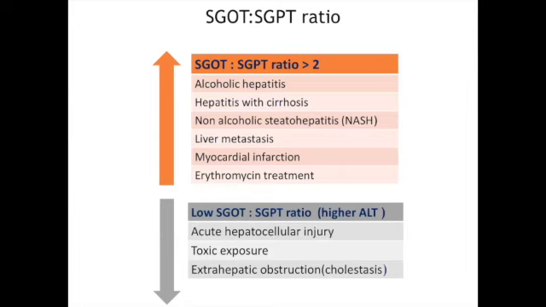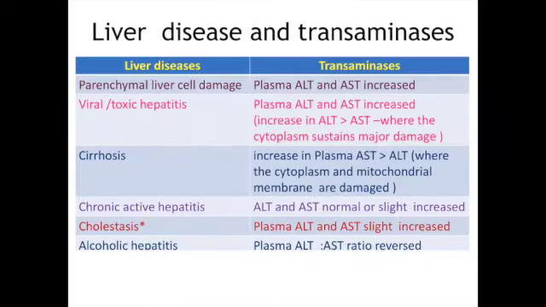So low SGOT to SGPT ratio indicate acute hepatocellular injury when there is toxic hepatitis, or when patients with cholestatic extrahepatic cholestasis, there will be low SGOT to SGPT ratio. So that ratio will also give you a clue to the diagnosis.